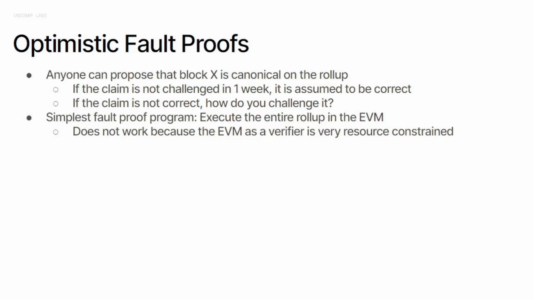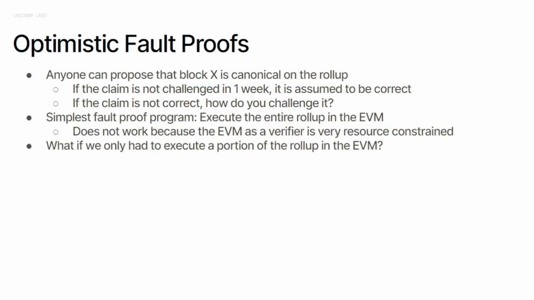Again, there are many more transactions on the rollup than on Ethereum, and in addition, a lot of computation happens outside the context of a transaction. But what if we only had to execute a small portion of the rollup inside the EVM? This turns out to work, and this is how we do optimistic rollups in practice.